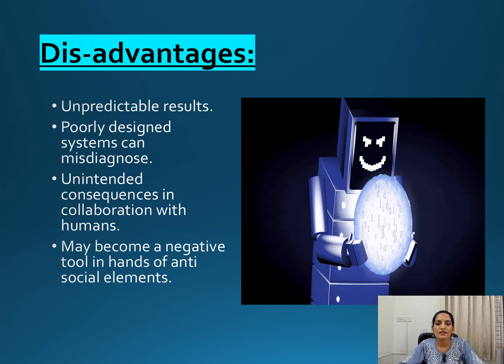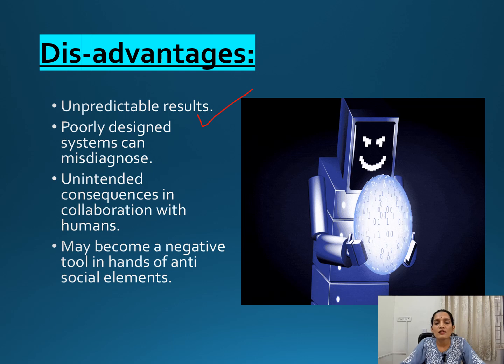Coming to the next, it is disadvantages. In the previous slide, we have seen the challenges of the application of AI in the healthcare delivery system, and now the disadvantages. Unpredictable results. As I told you, this is just the beginning of the innovation, the beginning of the invention, and it is also a very sensitive area where this application, if it goes wrong, may completely take a toll on a person who is using that technology.